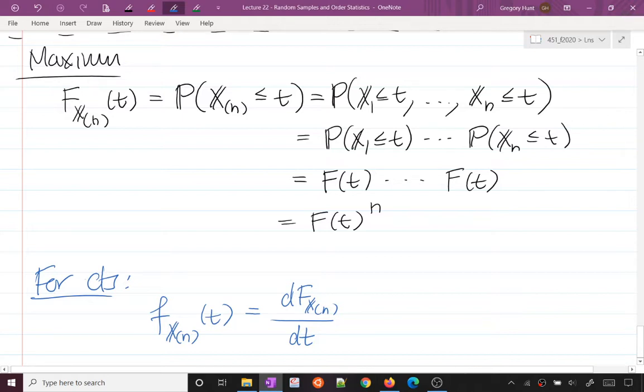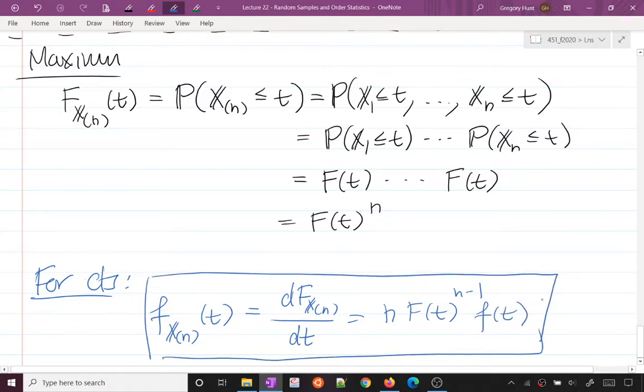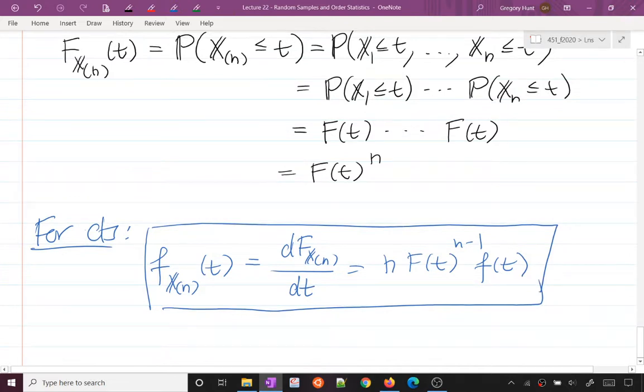It's just a fancier random variable. So I take the derivative of this thing, and this is really easy. It's n times F of t to the n minus 1, and then I have to do chain rule. I have to take the derivative of capital F of t, but the derivative of capital F is little f of t. And that gives me the distribution of the maximum for a random sample. So let's stop here and look at an example.